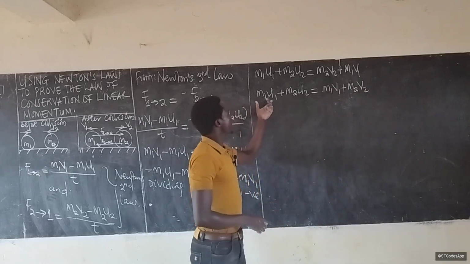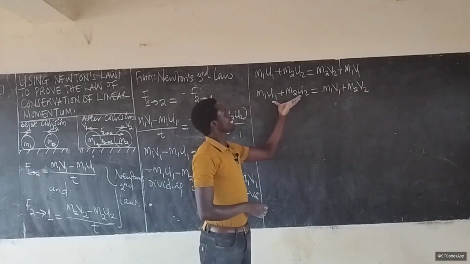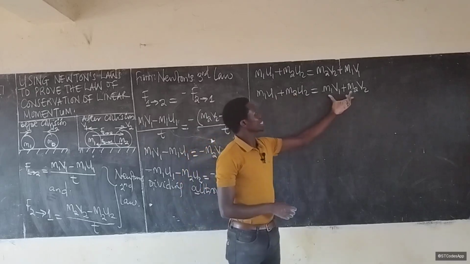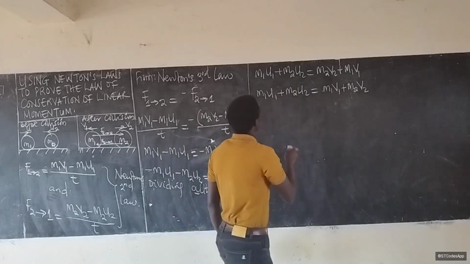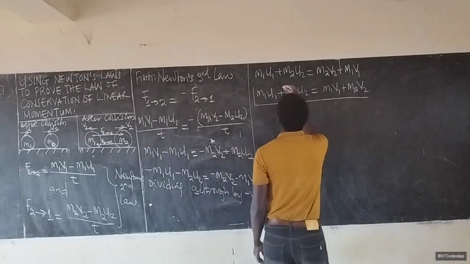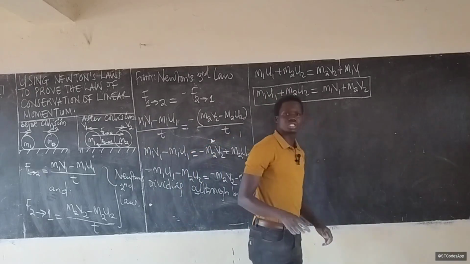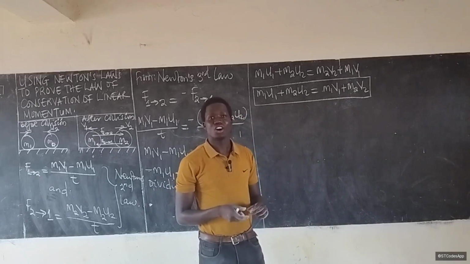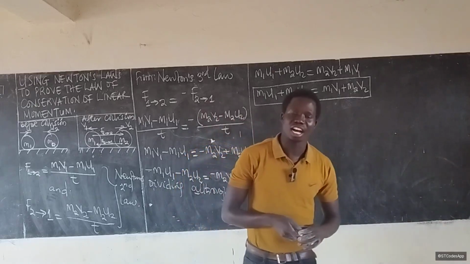This is the initial momentum, the momentum before collision, and this is the momentum after collision. So we have used Newton's laws to prove the law of conservation of linear momentum.